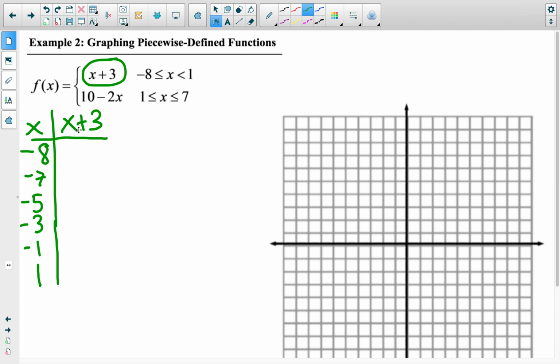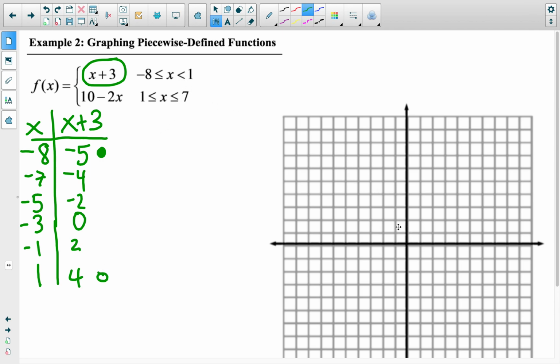So -8 plus 3 is -5. -7 plus 3 is -4. As you keep going, you will see ordered pairs. Keep in mind that this first ordered pair is going to have a closed circle because it's a less than or equal to symbol, and this bottom pair is going to have an open circle because it's a less than symbol.